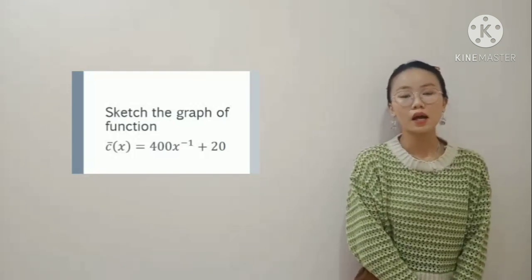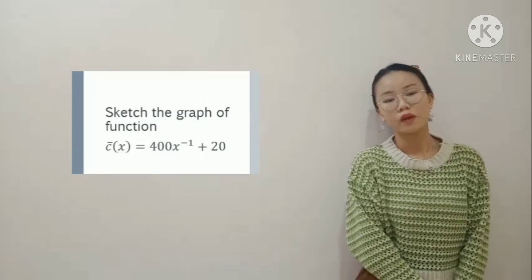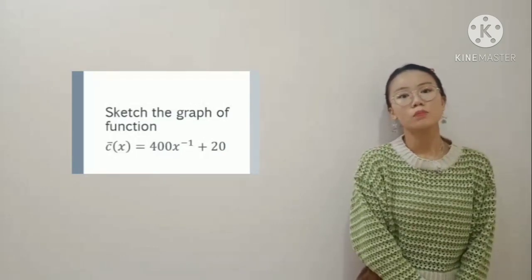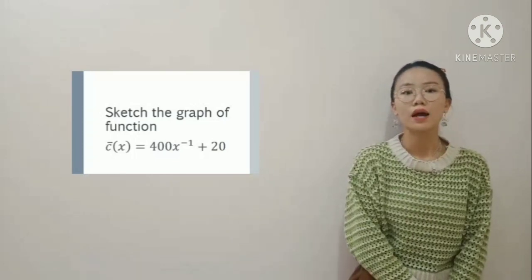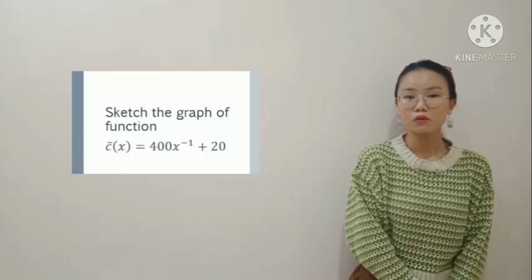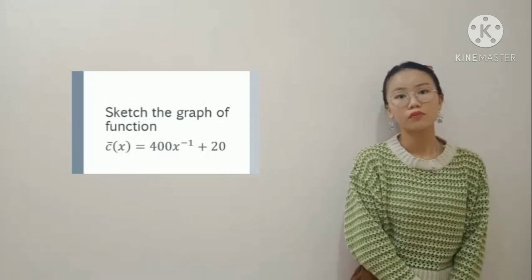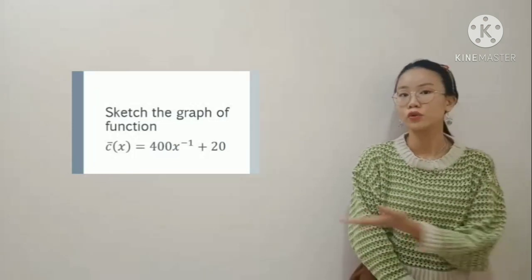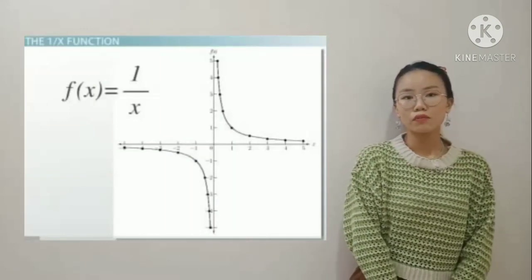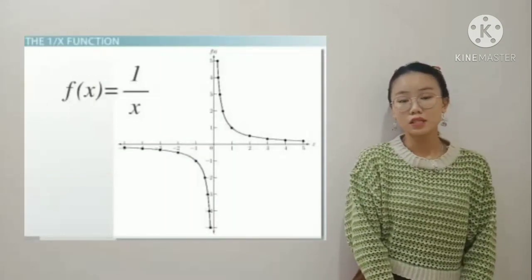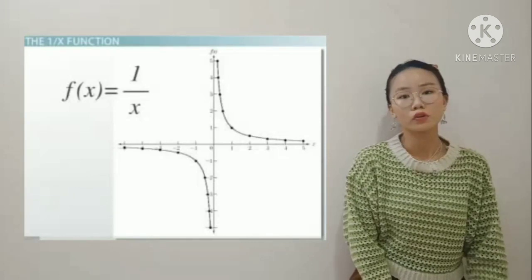Next, x to the power of -1. If we convert x to the power of -1 into a fraction form, we get 1 over x. If we compare to the normal graph of 1 over x as shown here, the curve exists at quadrant 1 and quadrant 3.